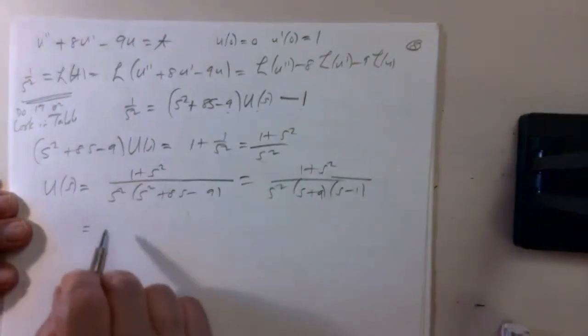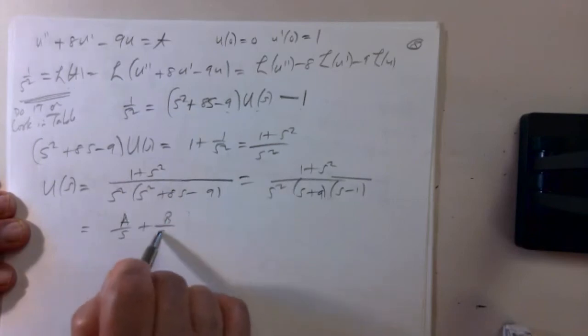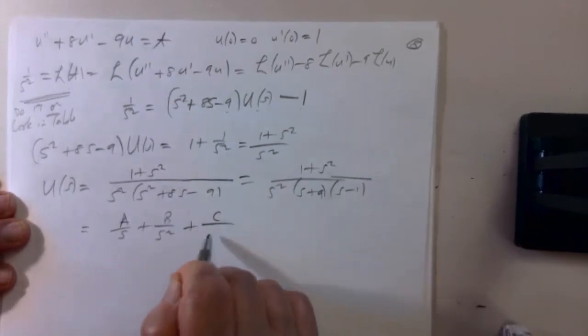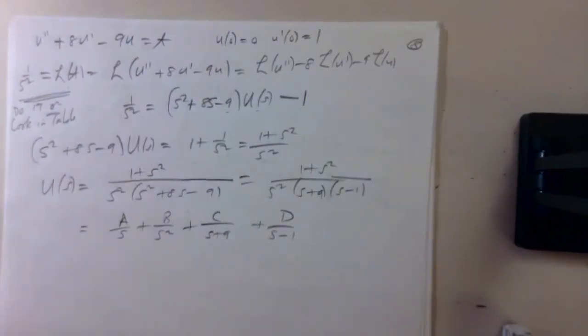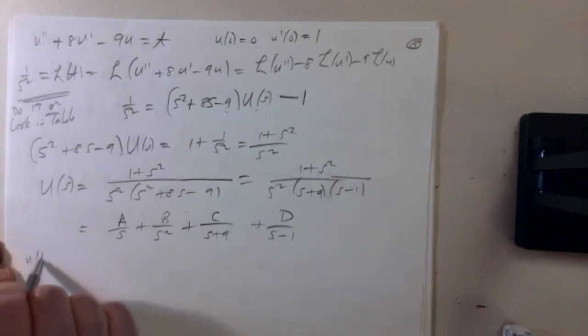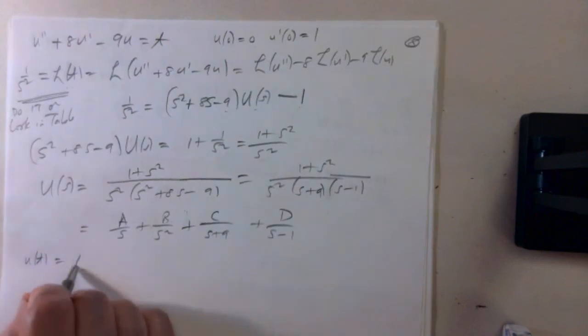This will be equal to a over s plus b over s squared plus c over s plus 9 plus d over s minus 1 for some numbers a, b, c, and d. And I know what the inverse Laplace transforms of these functions are. Right? The inverse Laplace transform of 1 over s is 1. So this will be a.